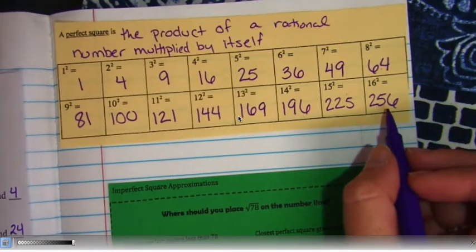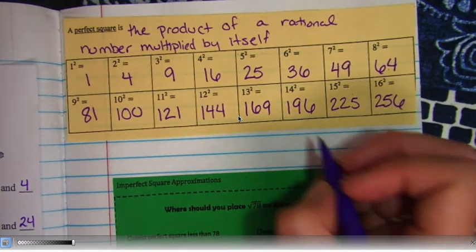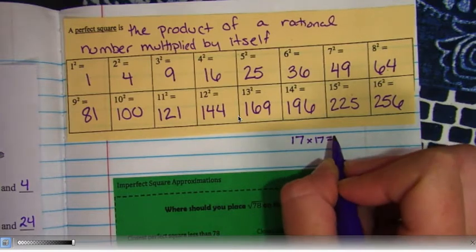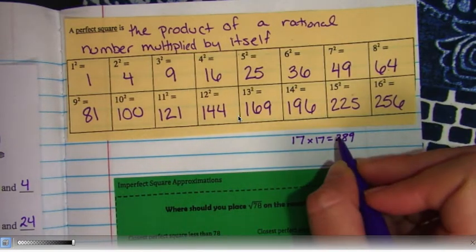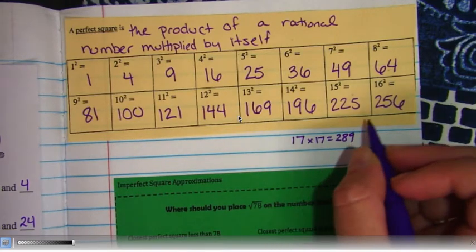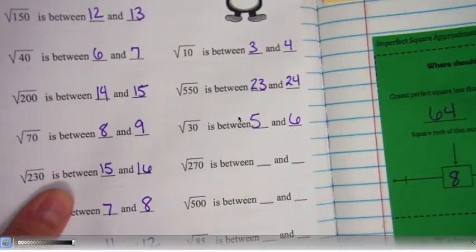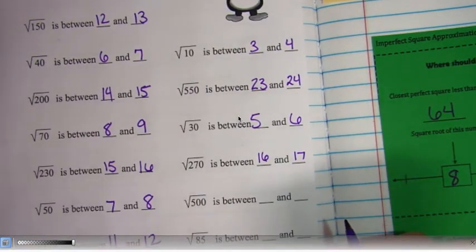All right, so we have to find 270. We know it's after 16 squared, but I don't know what 17 squared is. So I'm going to figure out what 17 times 17 is, and I know that is going to be 289. So 270 is after 256, but before 289, so I know it's going to be between 16 and 17.